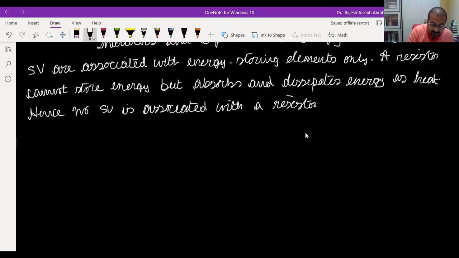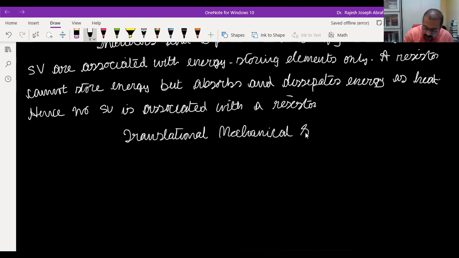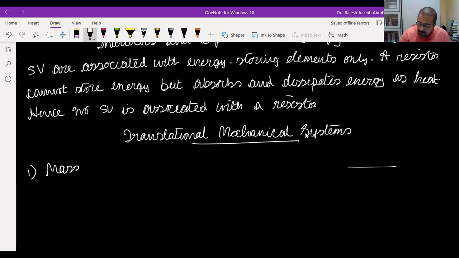Now we will take up mechanical systems, translational mechanical systems. We will first consider mass. We consider a moving mass on a fixed surface, a mass m with displacement y of t, to which a force f of t is being applied.